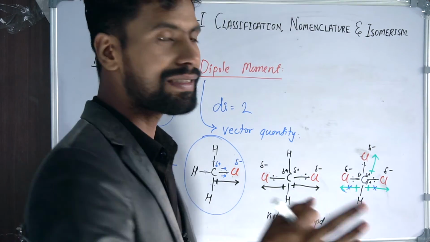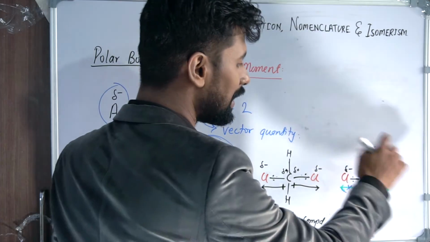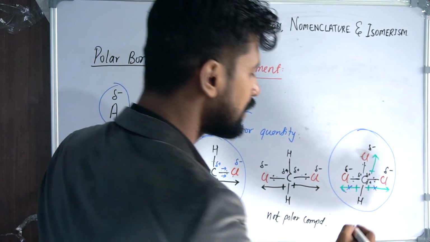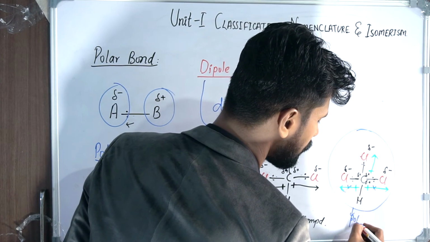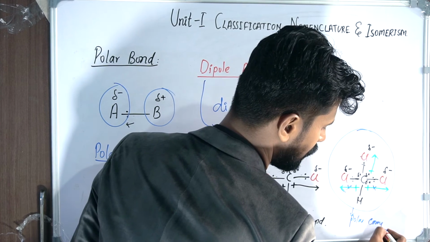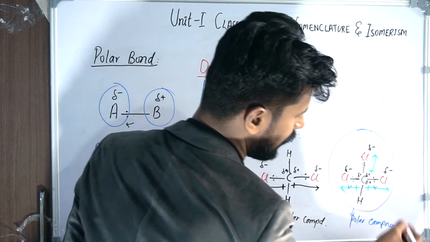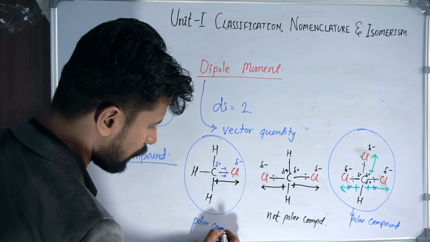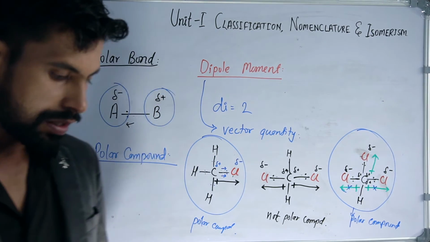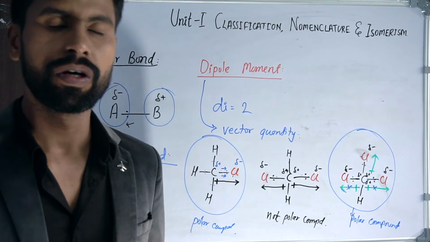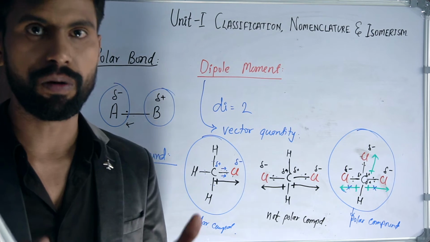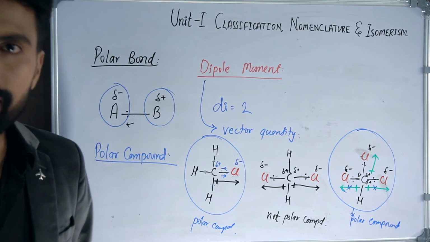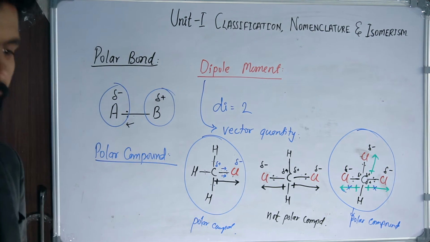It means there is a net dipole moment in this molecule. Since there is a net dipole moment in this molecule, it is what? A polar compound. This is also what? A polar compound. So how to define a polar compound? A polar compound means that compound which has a net dipole moment. Okay, so any compound which has a net dipole moment is called what? A polar compound. Okay.